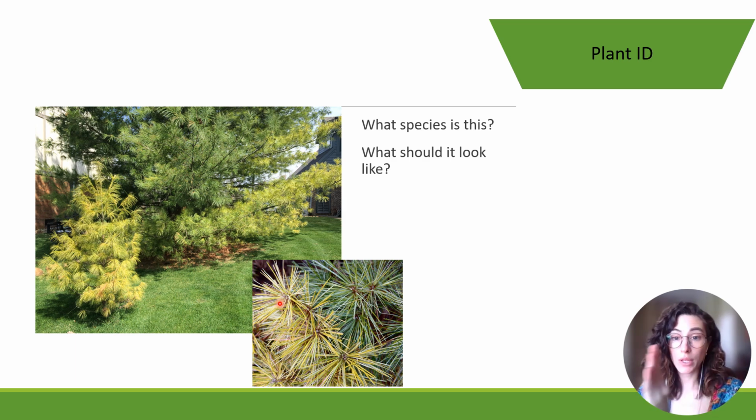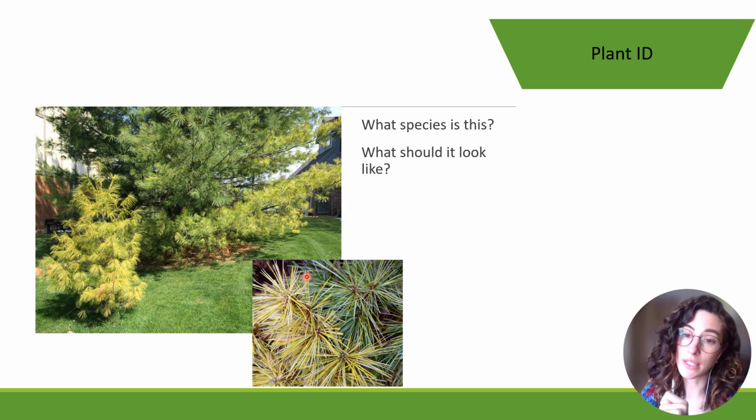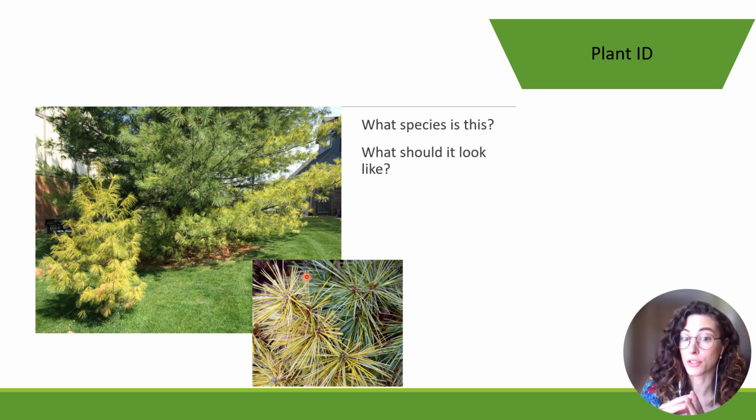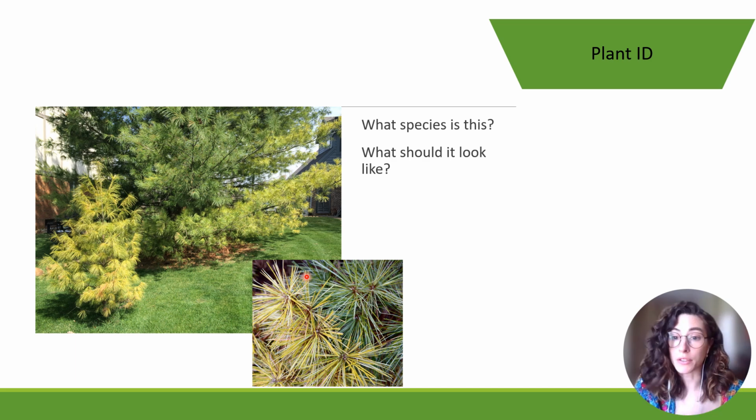Now, if you didn't know it was a white pine, you wouldn't know technically what was normal for that species. And this happens plenty of times, especially when we're coming across certain cultivars that maybe look a little bit different than the species we might have learned in our tree ID. If we don't know that it's a cultivar that's, say, meant to have lighter green needles, then we could actually misdiagnose this for being something like chlorosis or a nutrient issue.